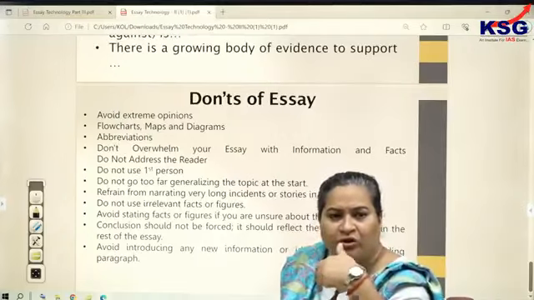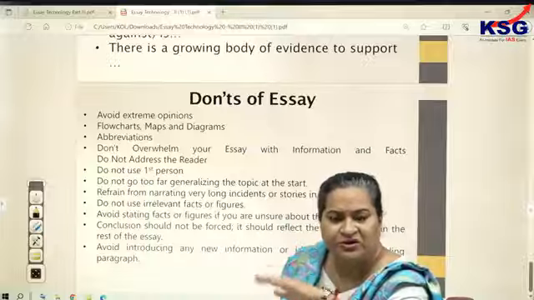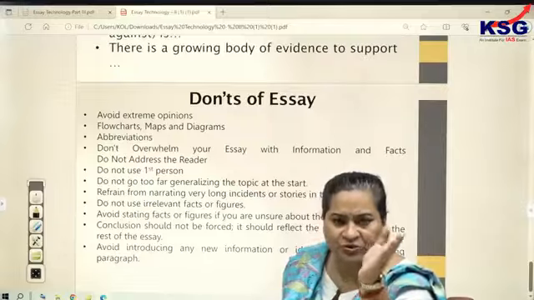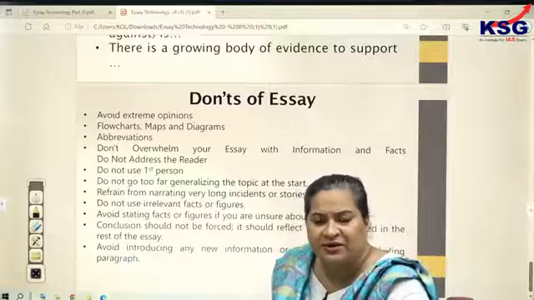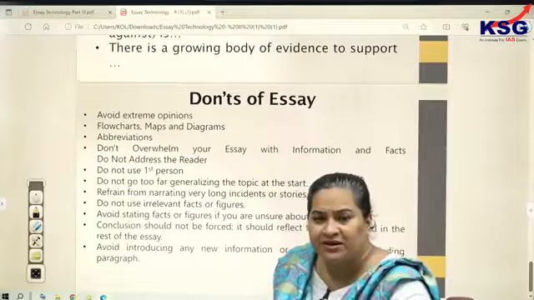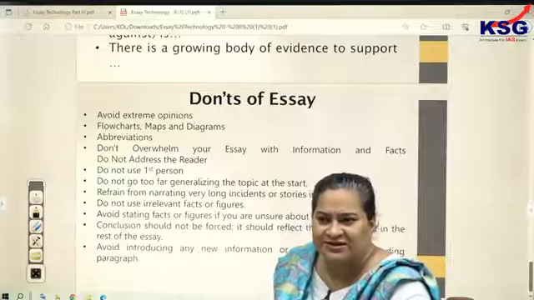You're going on and on and on, from the present prime minister to ex-prime minister to all the women who have been bureaucrats, IAS, IPS, etcetera. If you're going on listing them, that is going to backfire. That is not something which is going to impress the examiner.